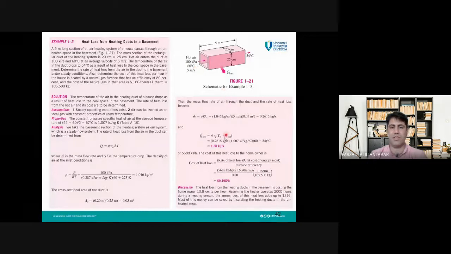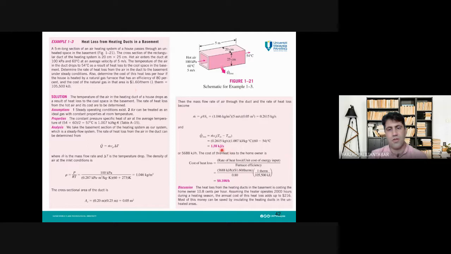Okay, so this is heat loss. This has increased our cost of the heating of our house. This duct is in the basement. So this extra cost, which is due to the heat loss from the duct, can be calculated by the other information which is given.